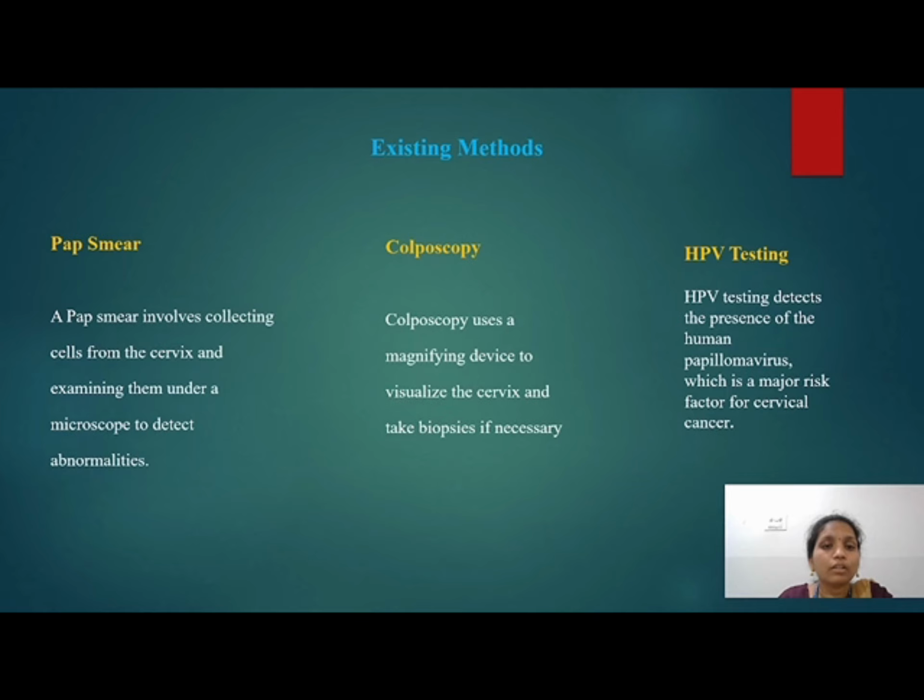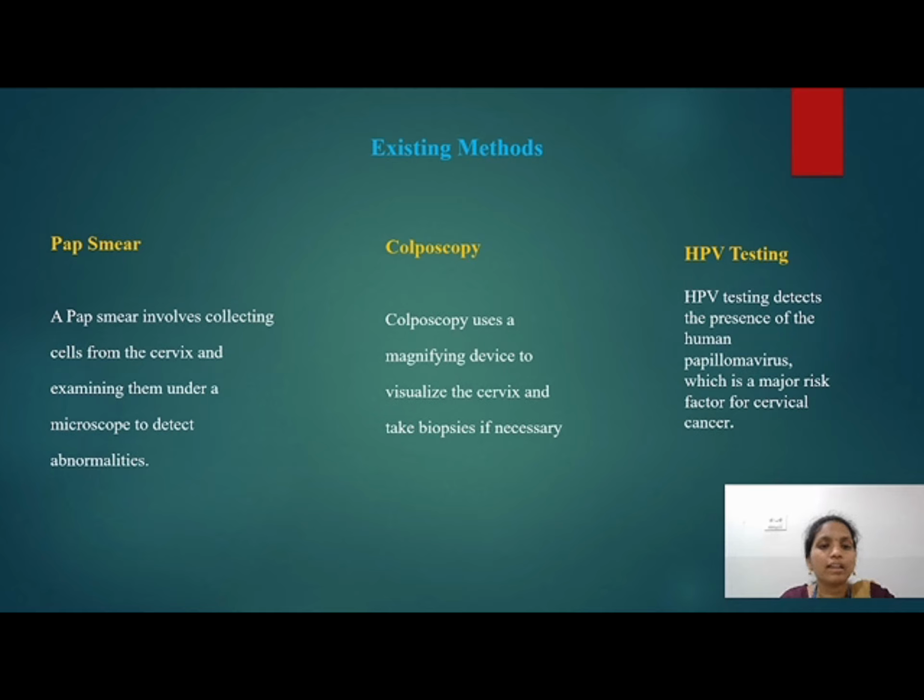Next, we'll see the existing methods of cervical screening such as pap smear, colposcopy, and HPV testing.